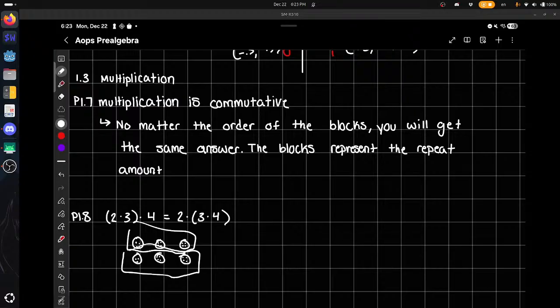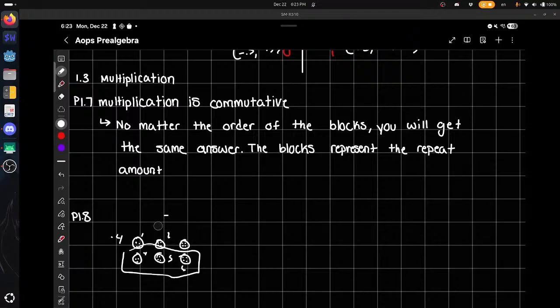Okay, and then we still have to add those blocks because this answer is 6. So how many times do you want to repeat 6 or 4? It doesn't matter. Well, I want to repeat it 6 times. Because there's 4, 4, 4, 4, 4, 4. So it's 1, 2, 3, 4, 5, 6. I want to repeat that 6 times.